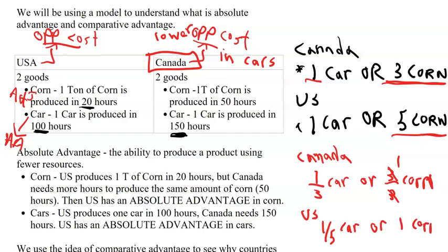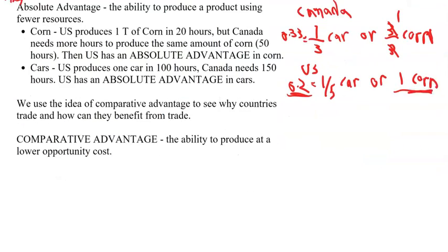So I divided both sides by 5. So 1/3 is 0.33. 1/5 is 0.2. So if I wanted to buy 1 corn, I give up fewer cars. So US would have a lower opportunity cost in cars. Or sorry, not cars, in corn. So this then gives us the idea of comparative advantage.